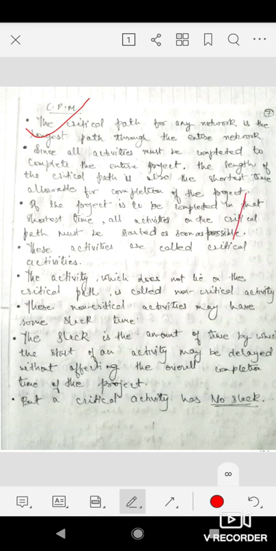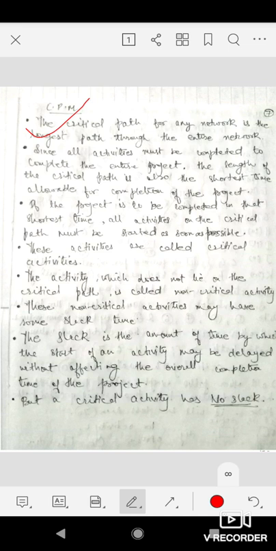It is the longest path through the entire network. We have a network diagram and we will find the critical path. The critical path is the path which has the longest time. It means that if we follow that path, it will be the longest and it will tell us about the completion of the project.